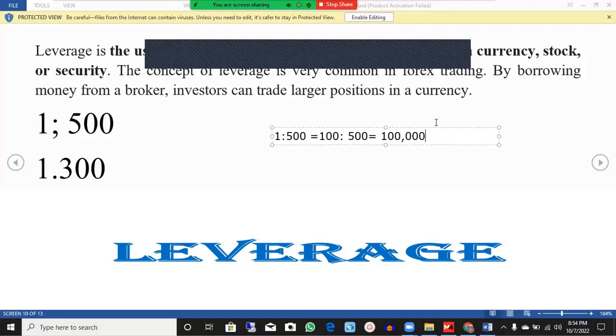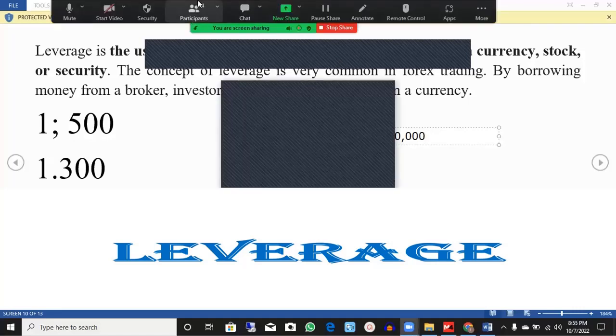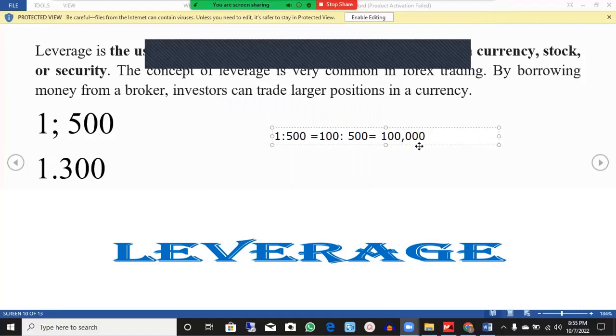Guys, do you understand this? Yes, sir. You're following. All right, so this is the dynamics. This is why people can trade with different lot sizes, even though they have a small amount.